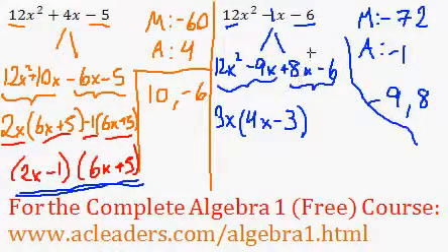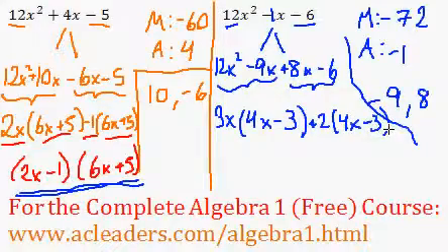Then, between 8x and negative 6, I can factor out a 2. 8x divided by 2 is 4x, and negative 6 divided by 2 is negative 3.